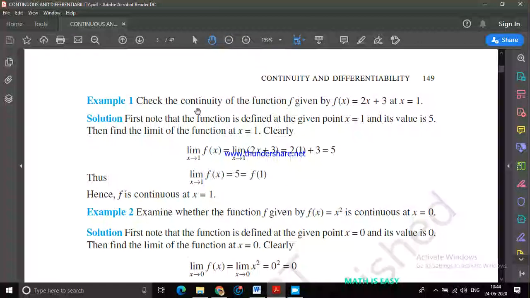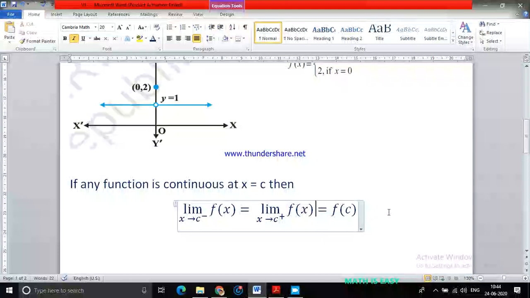Now see example 1. Check the continuity of the function f given by f of x equals 2x plus 3.